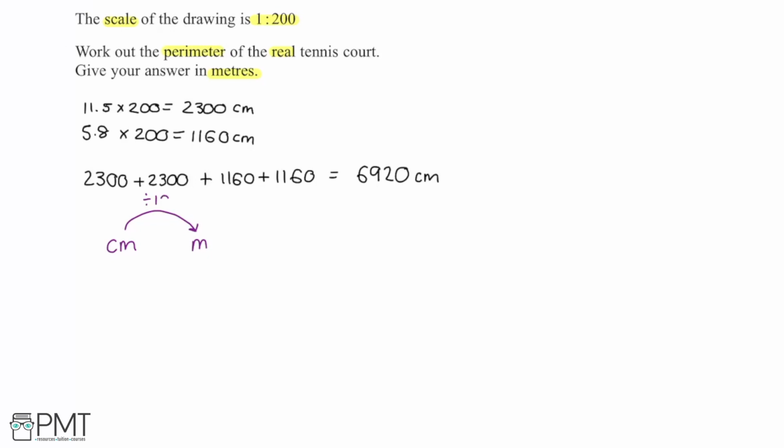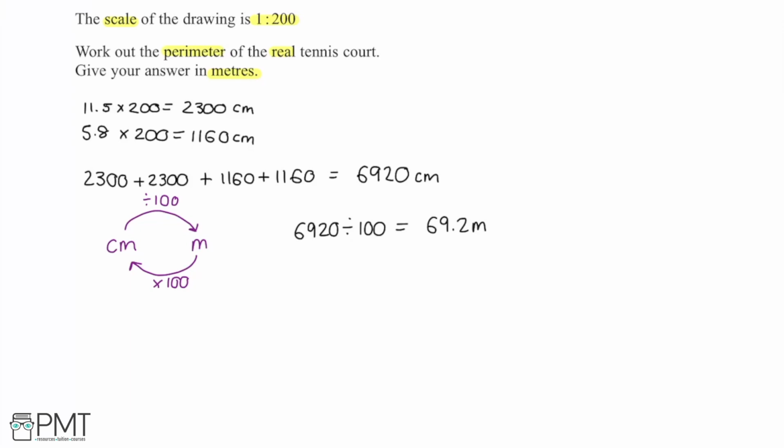If we were going from metres to centimetres, we would multiply by 100, but that's not necessary for this calculation. So I can take 6,920, divide that by 100, and that's going to give me an answer of 69.2 metres for the perimeter of the real tennis court.